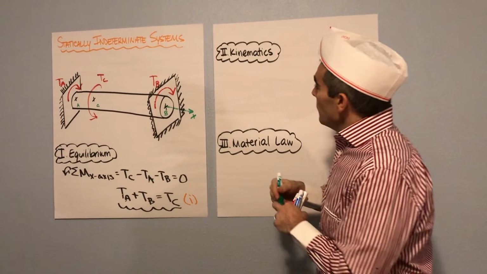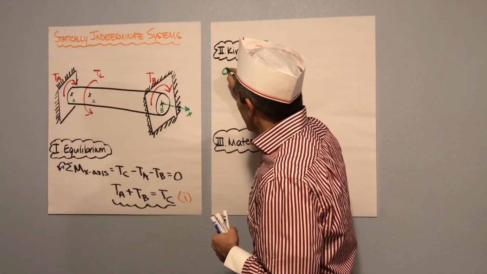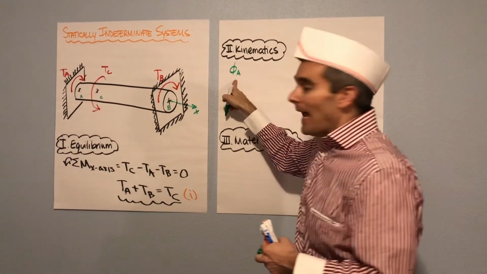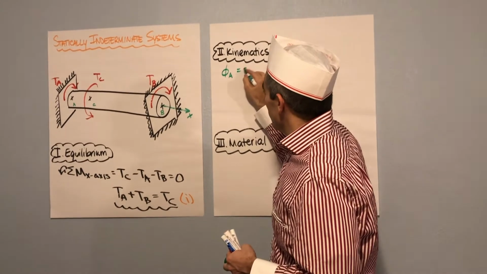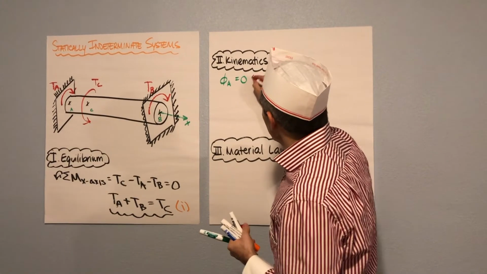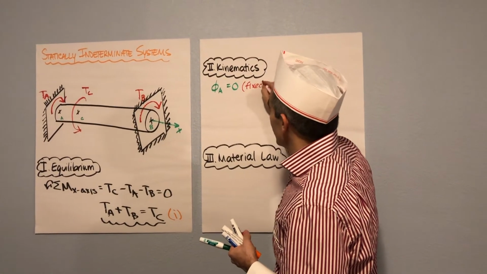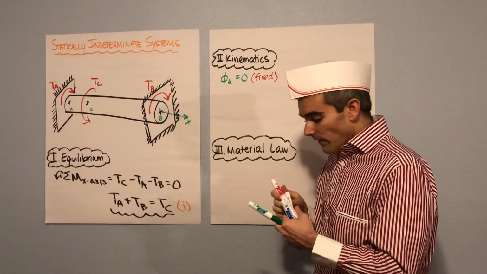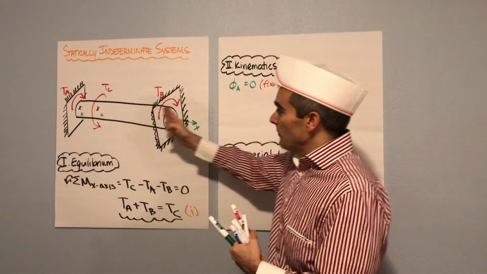We know a couple things. The rotation at A is equal to 0, because it's a fixed end. So I think we could write that down as one of our kinematics conditions. We could then keep moving along the length.